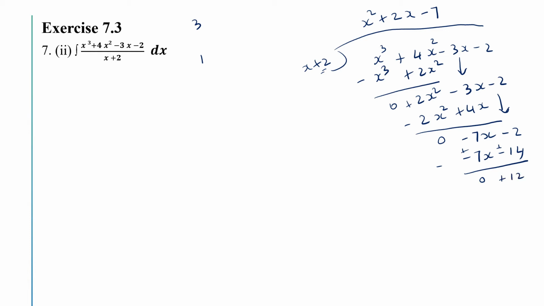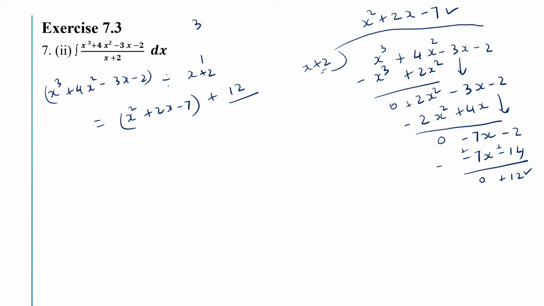So when we divide x cube plus 4x square minus 3x minus 2 by x plus 2, this is equal to the quotient x square plus 2x minus 7, and 12 is the remainder. So plus 12 divided by x plus 2.